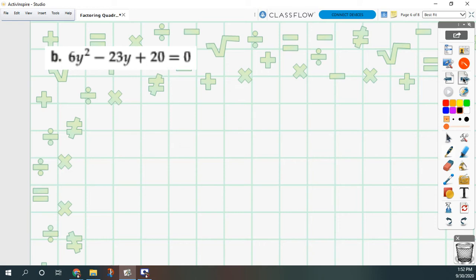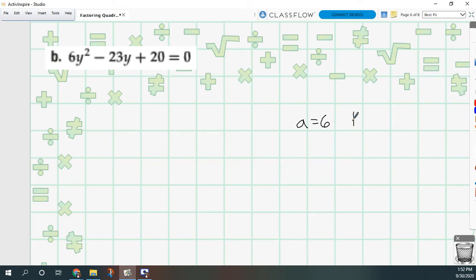So we're going to use that same method we've been working with, our AC method. However, notice this time our a is equal to 6, our b is equal to -23, and our c is equal to 20. This time, when we multiply a times c, we're going to get a bigger number, but that's okay. a times c is 6 times 20.